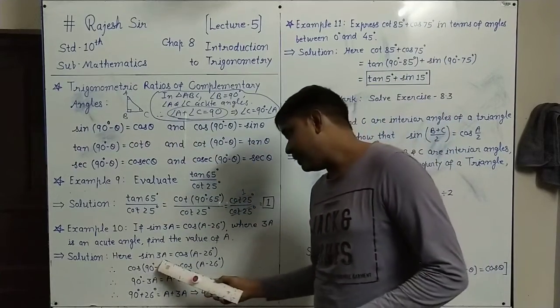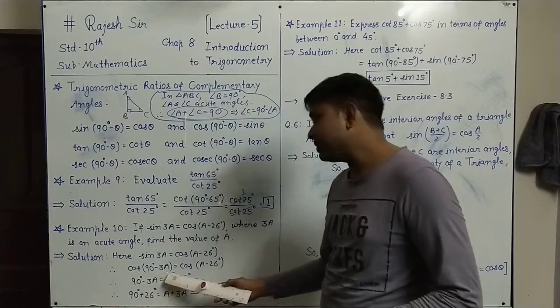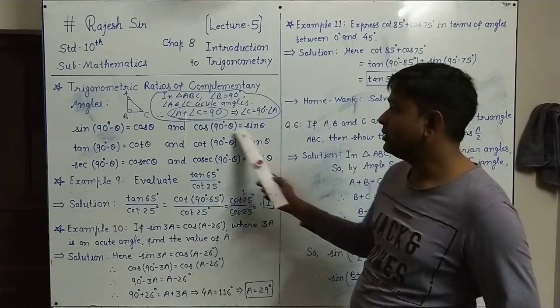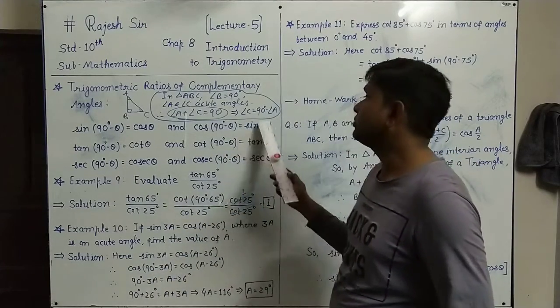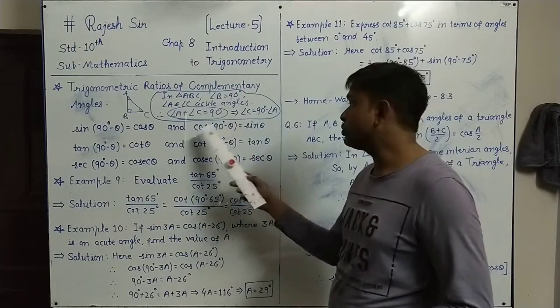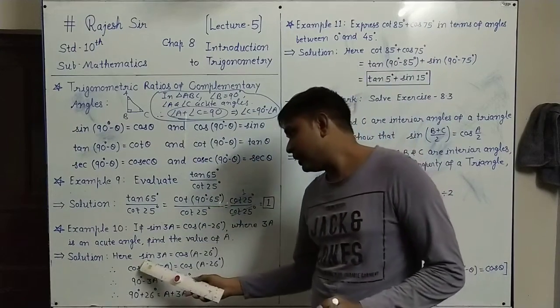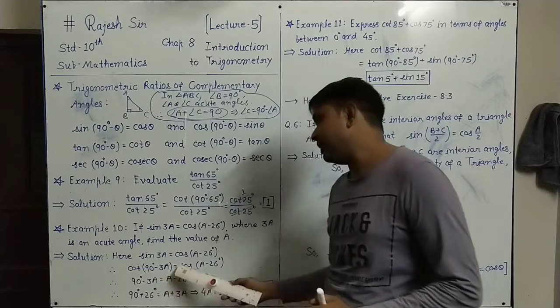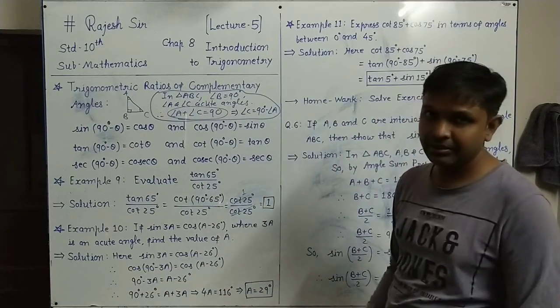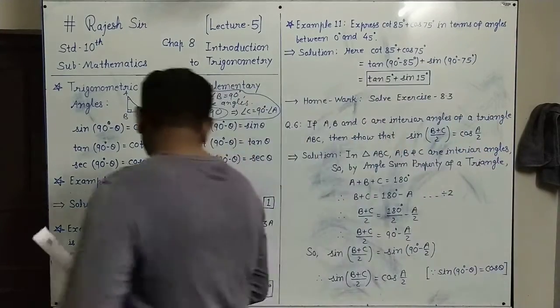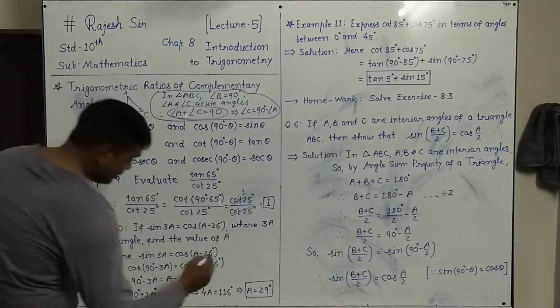So sin 3a can also be written as cos of 90 minus 3a from this formula, and cos of a minus 26 as it is.